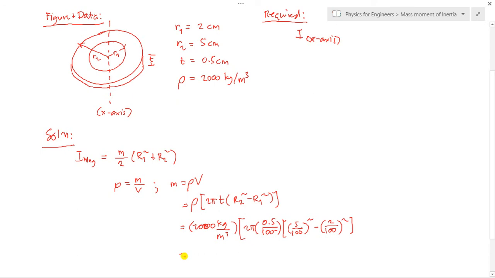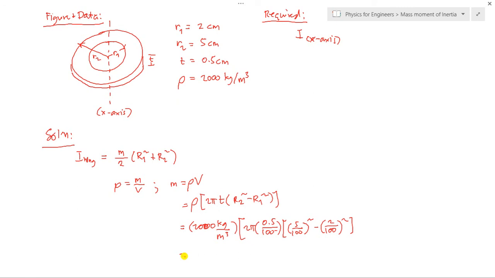So simplifying this, we have 2000 times 2 pi, then multiplied by 0.5 over 100, then multiplied by 5 over 100 squared minus 2 all over 100 squared.